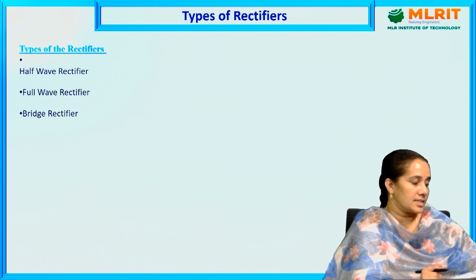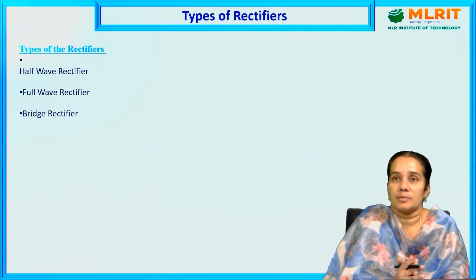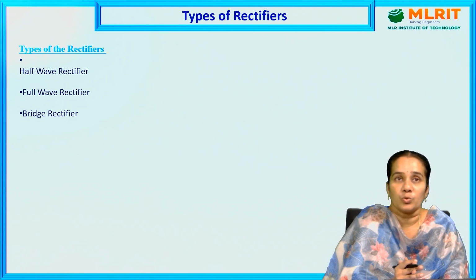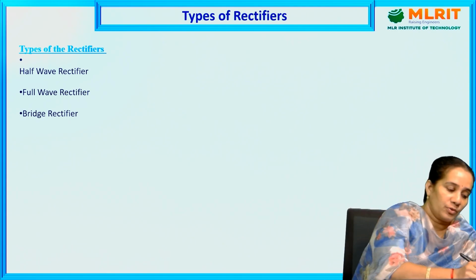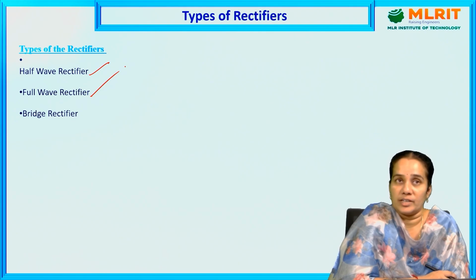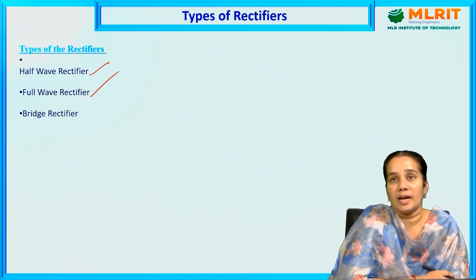Next, we discuss the types of rectifiers. Rectifiers are classified into two types: full-wave rectifier and half-wave rectifier. First we discuss the half-wave rectifier. What is meant by a half-wave rectifier?